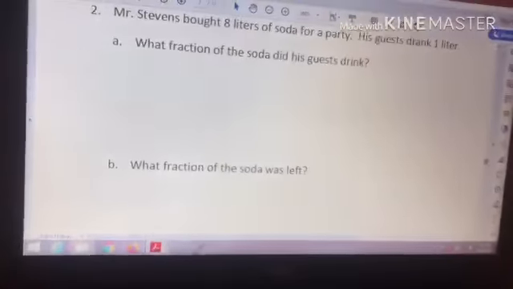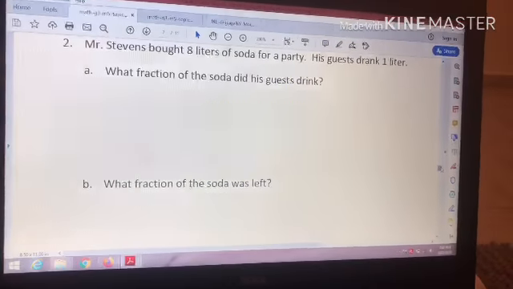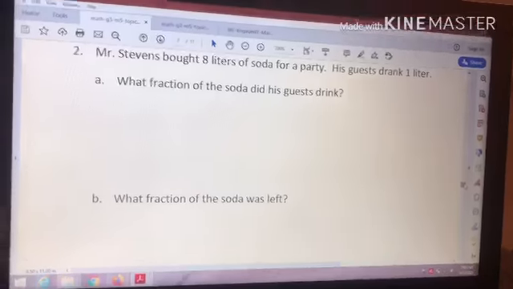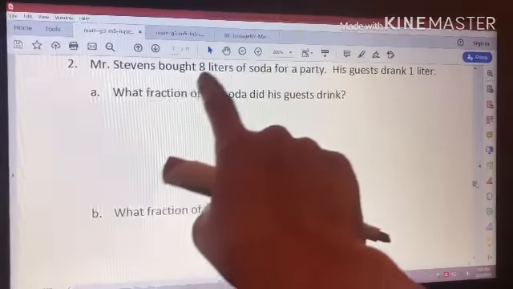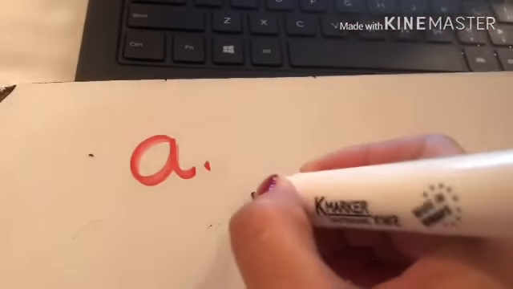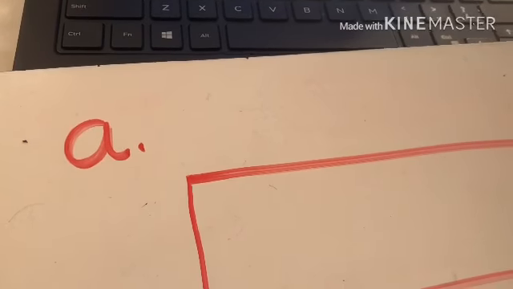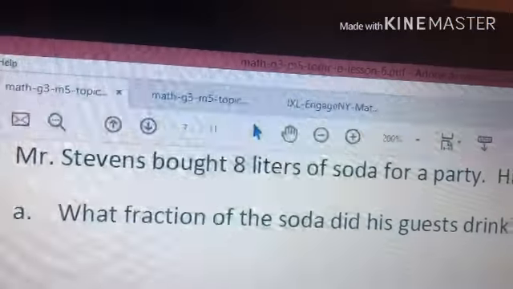So we're going to start with A, and we're going to see what information we have. So we know in total we have 8 liters of soda for a party. So we're going to represent it using a whole, right? And this whole is going to be partitioned in 8 liters of soda.